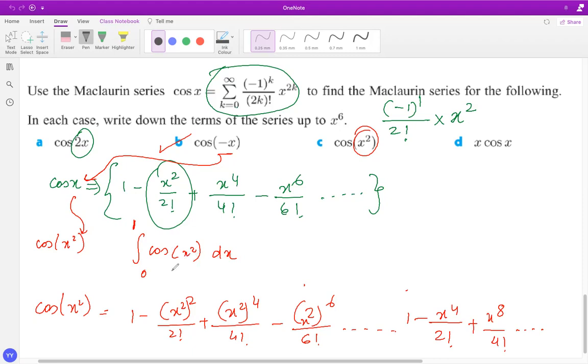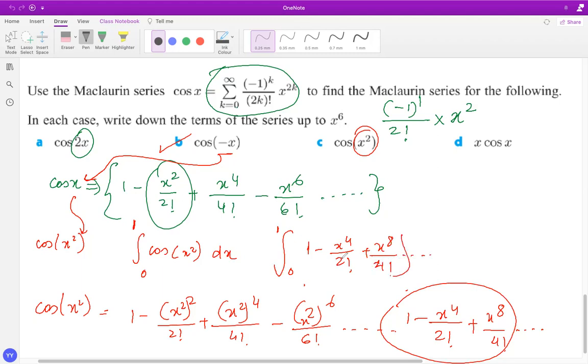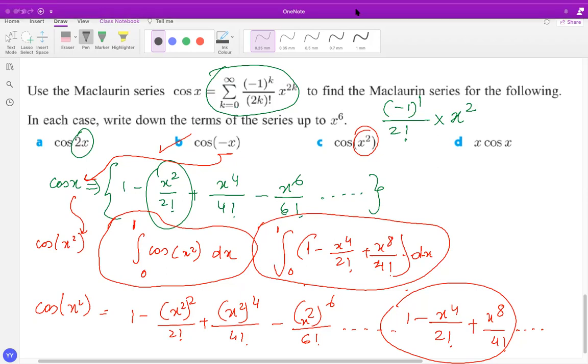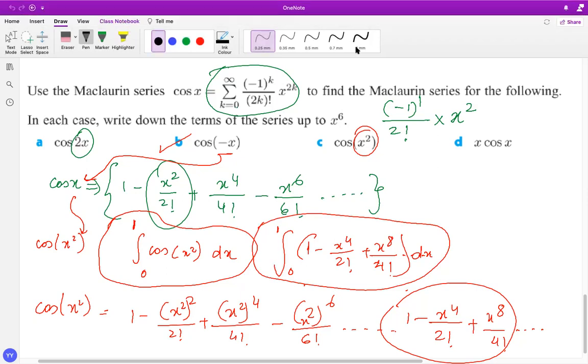So I'm going to demonstrate both integrals, and obviously this one is an approximation, so I'm going to integrate both functions from 0 to 1. I'm going to use x raised to 4 over 2 factorial plus x raised to 8 over 4 factorial. Of course there are terms after that, but I'm not considering them. I'll find one integral and the other using technology and see how close they are. That is the point to be watched here.